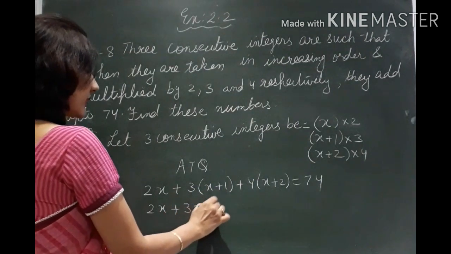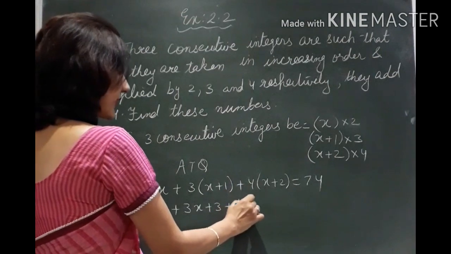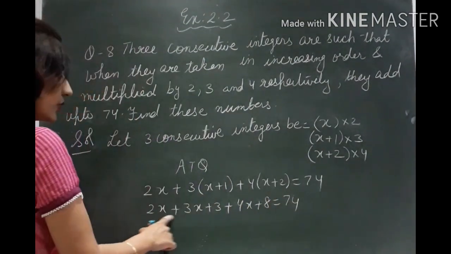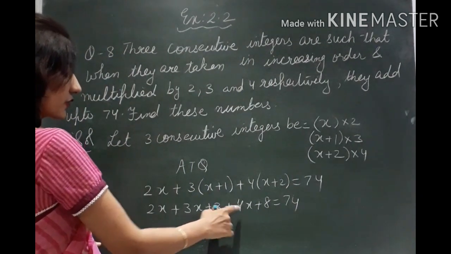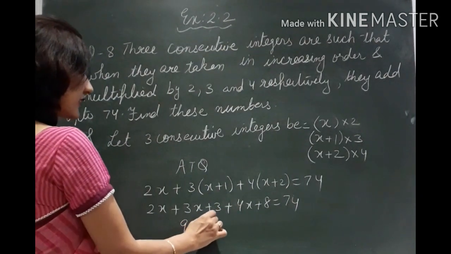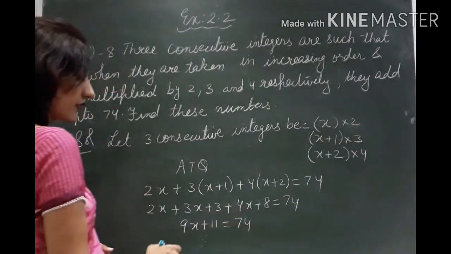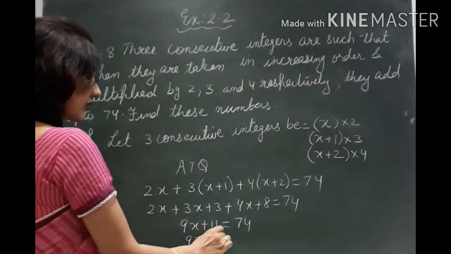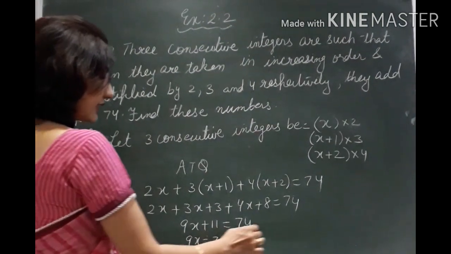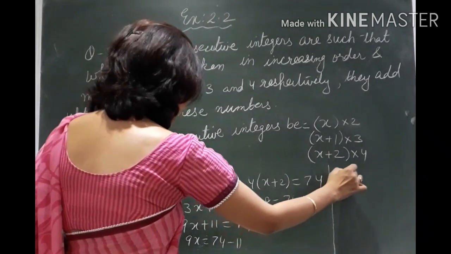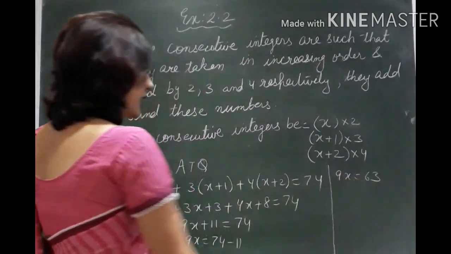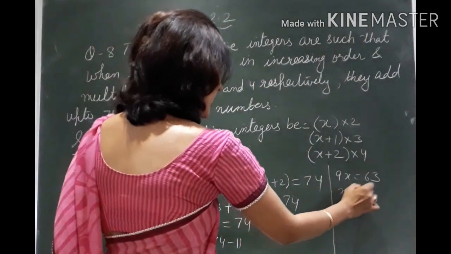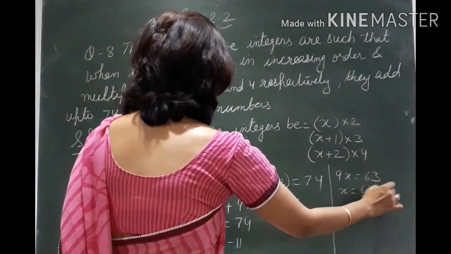So it will be 2x plus 3x plus 3 plus 4x plus 8 equals 74. 2x plus 3x is 5x, 5x plus 4x is 9x. 9x plus 11 equals 74. Transpose this 11 to the right hand side. So 9x equals 74 minus 11, that is 9x equals 63. To find the value of x, we will divide both sides by 9. So x equals 63 by 9, that is equal to 7.